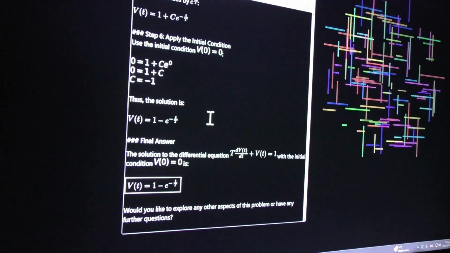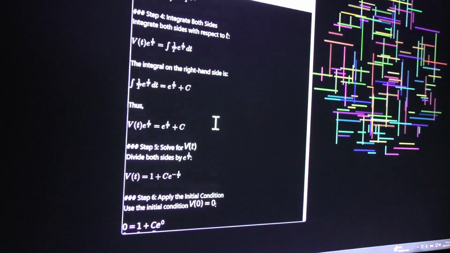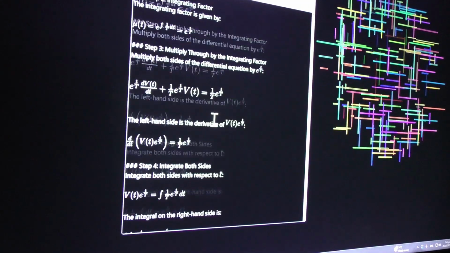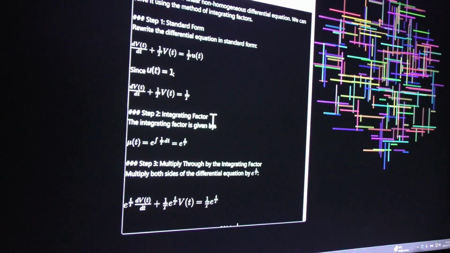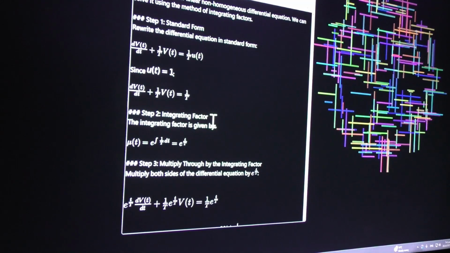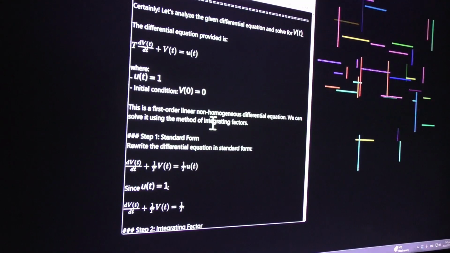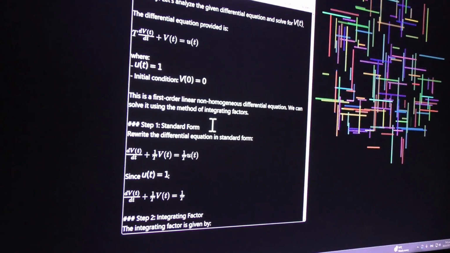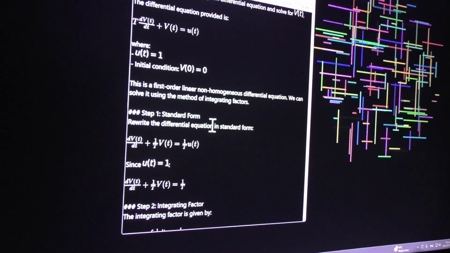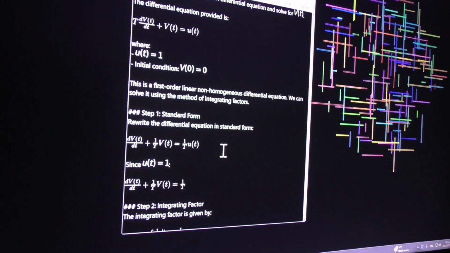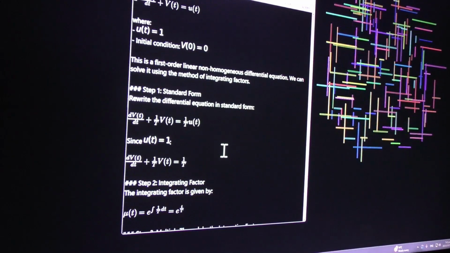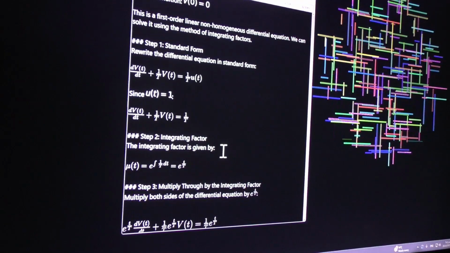Certainly. Let's analyze the given differential equation and solve for v(t). The differential equation provided is t dv(t)/dt + v(t) = u(t), where u(t) equals 1, initial condition v(0) equals 0. This is a first-order linear non-homogeneous differential equation. We can solve it using the method of integrating factors. Step 1. Standard form. Rewrite the differential equation in standard form. dv(t)/dt + (1/t) v(t) = (1/t) u(t).